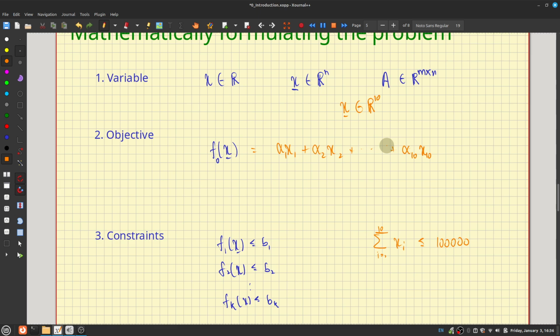Now maybe I want to minimize the variability that is involved. I could set that as a constraint.